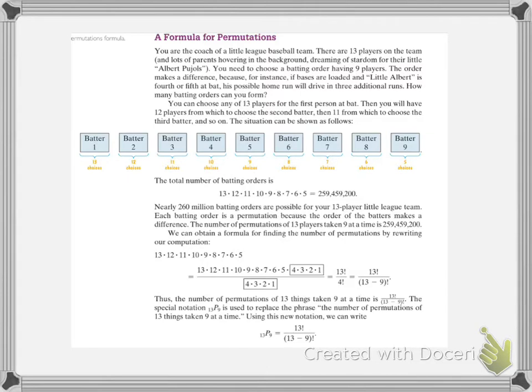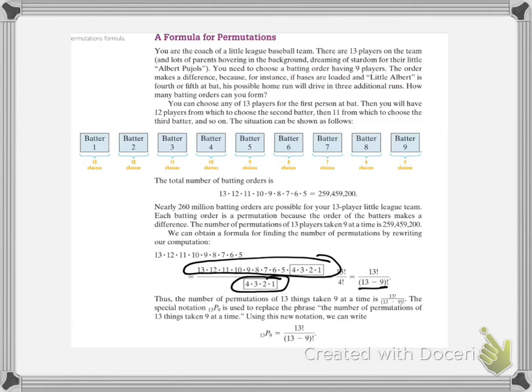One way to look at this formula and to build this formula is, if I'm choosing 9 people from 13, this numerator, if I take 13 factorial, which is that numerator, and I divide it by 13 minus 9 factorial because I'm not using everyone, it turns out I get the exact thing I'm looking for. That's going to turn out to be a pattern.